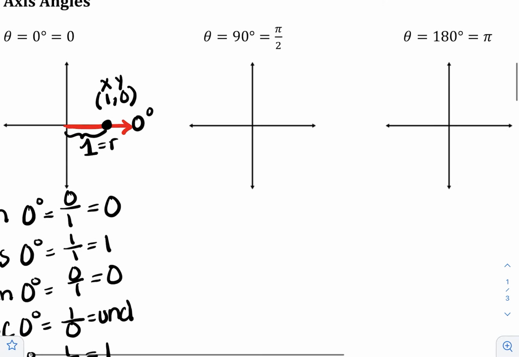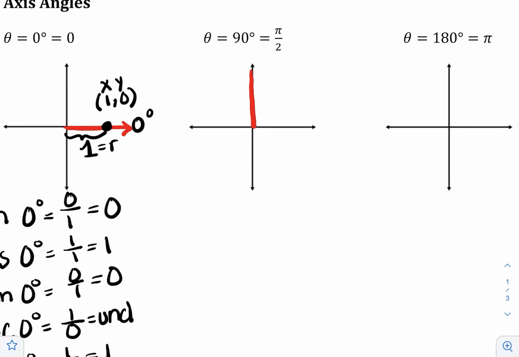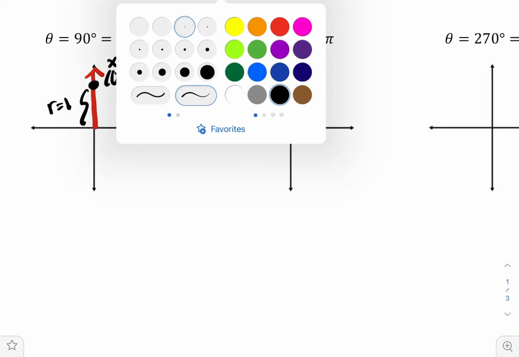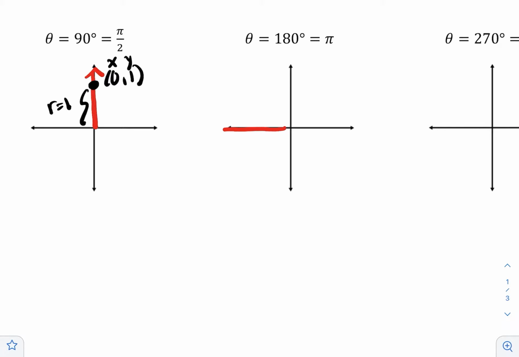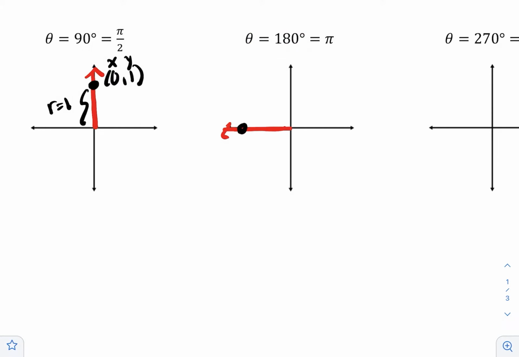Okay, let's do 90 degrees. So this is 90. I'm going to pick the point. Now I'm going to go up 1, so it's going to be 0, 1. R is still going to be 1. This is x and this is y. So now x and y have switched. When I do 180, I'm going to go left, which means the point is negative 1, 0.